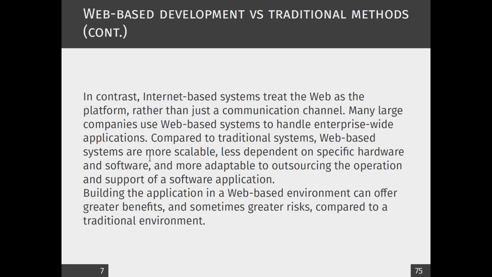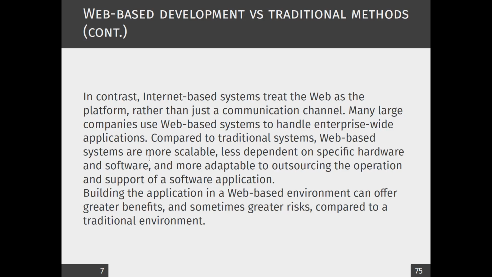But if you look at internet-based systems, usually they use the web as their platform, and many companies use web-based systems. As you have already seen, there are many applications where you can have enterprise-wide solutions.